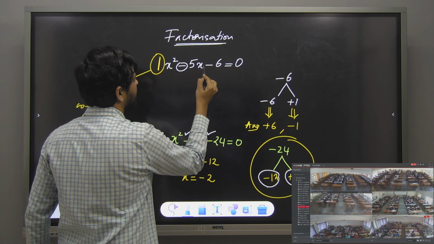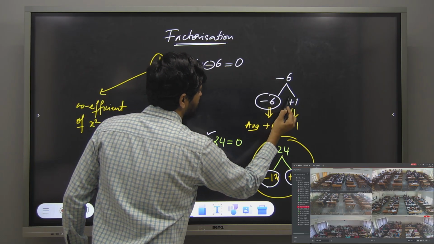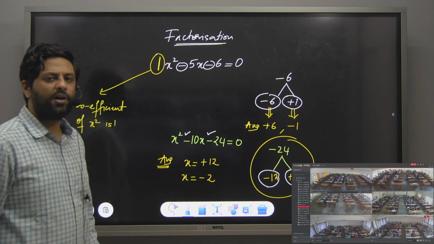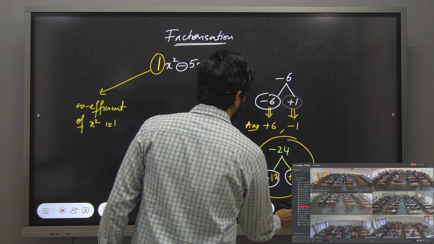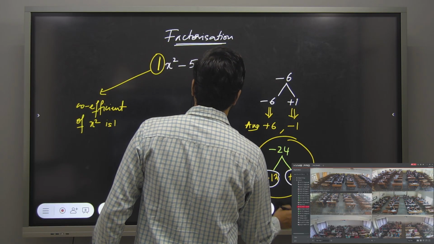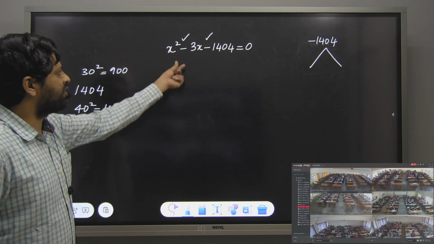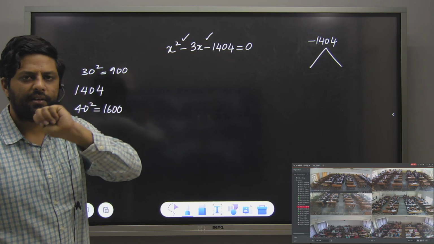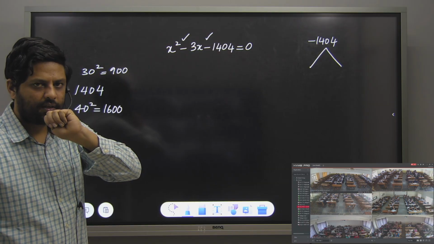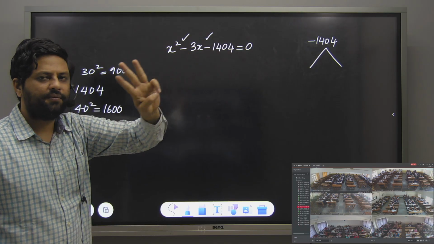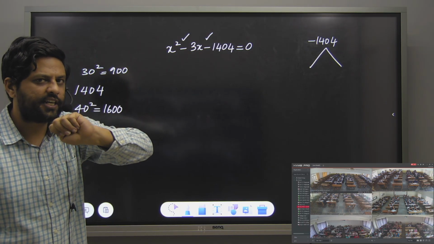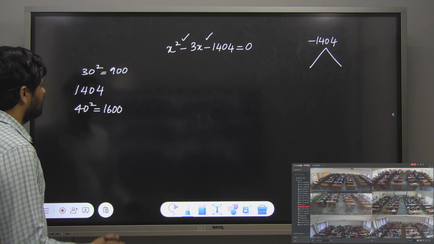So basically we are talking about the difference between the two numbers. The difference is 3.